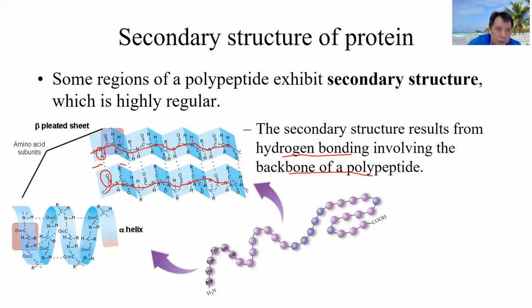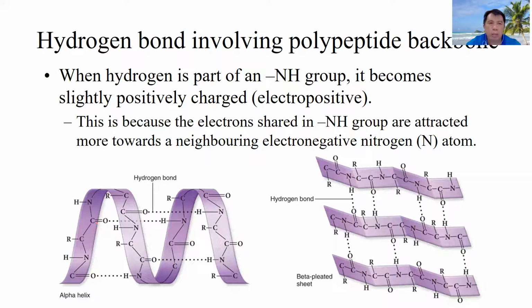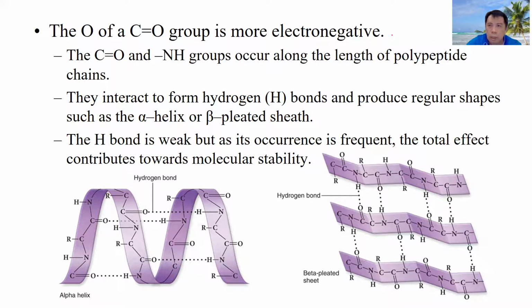The same applies to the alpha helix. This is the polypeptide backbone, and the hydrogen bonds that form are between the NH and the CO. In the NH group, the hydrogen has a slightly positive charge because it is more electropositive, while the CO, the carbonyl group, is more electronegative.